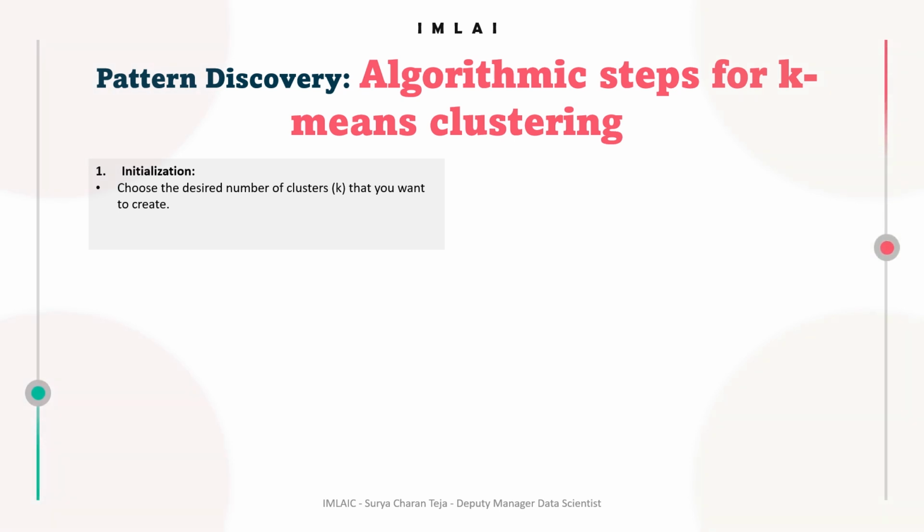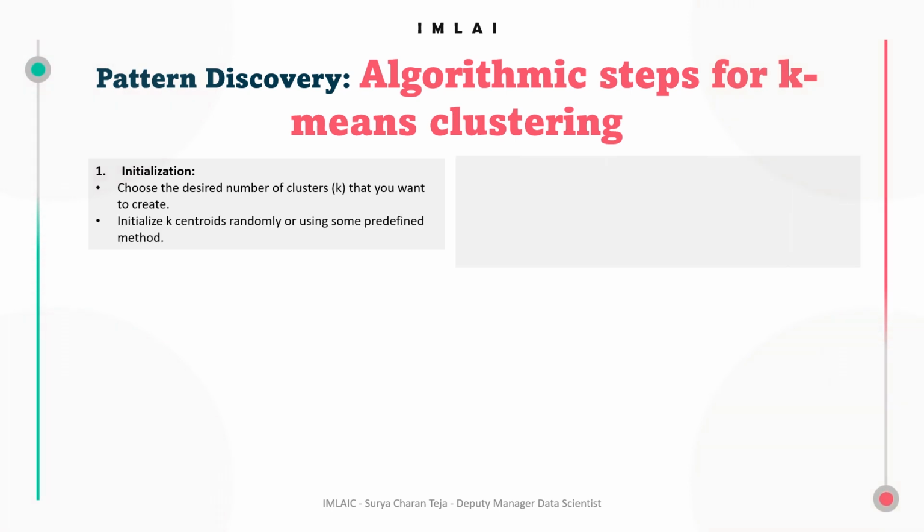We have to choose the desired number of clusters that you want to create. Deciding the k value is very important, whether you want 3 clusters or 4 clusters, that you have to decide.